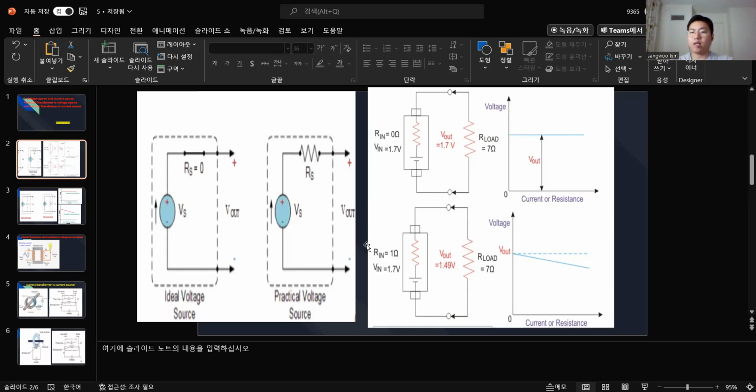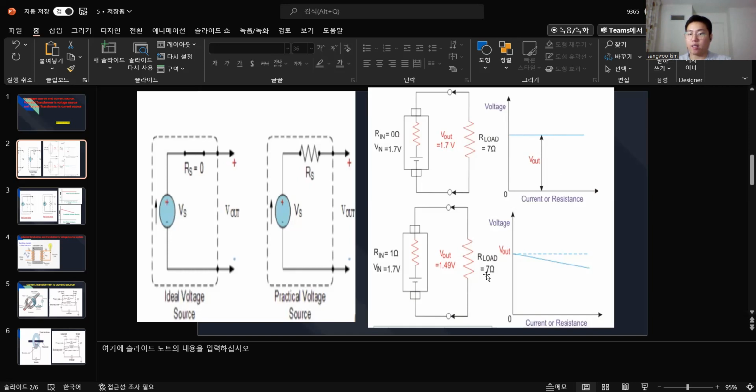So that's why, as you can see here, here's the graph, right? This is a voltage source. Look at that, inside the resistor is 0. You know what I mean? So the output voltage has to be the same.